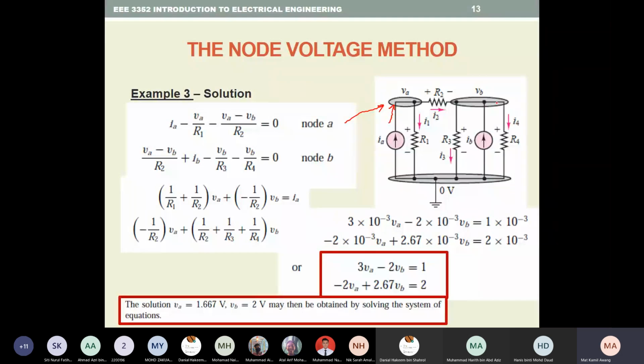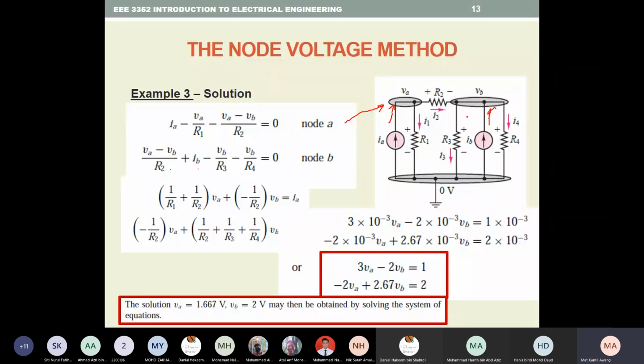At node B, how many currents do you have? 1, 2, 3, and 4. 4 currents, therefore you have 4 terms here. The first one is I2 flowing into node B, so VA minus VB divided by R2. And you have IB flowing into the node here.